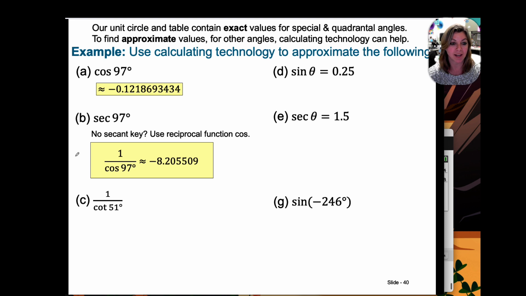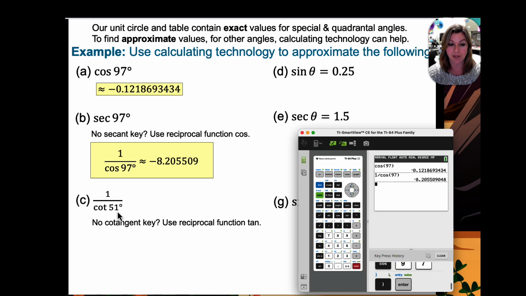All right, next one. It's asking us to use calculating technology to approximate 1 over cotangent of 51 degrees. Again, you likely don't have a cotangent function, but that's okay. We know that its reciprocal function is tangent.